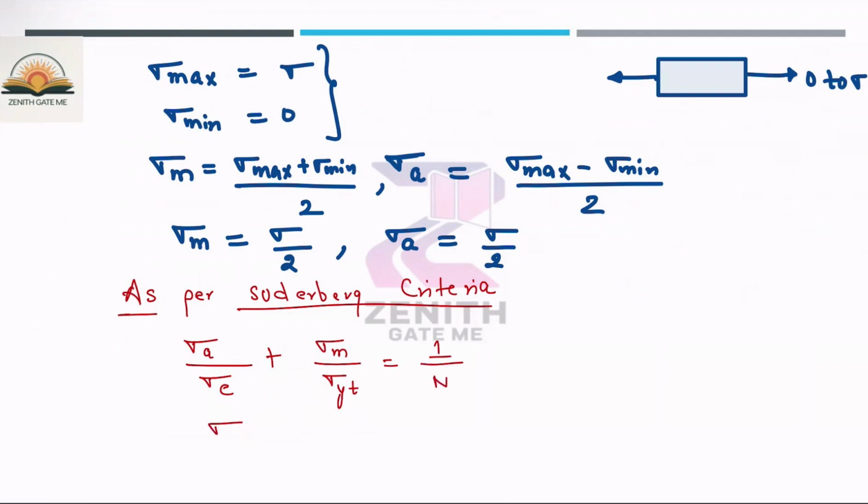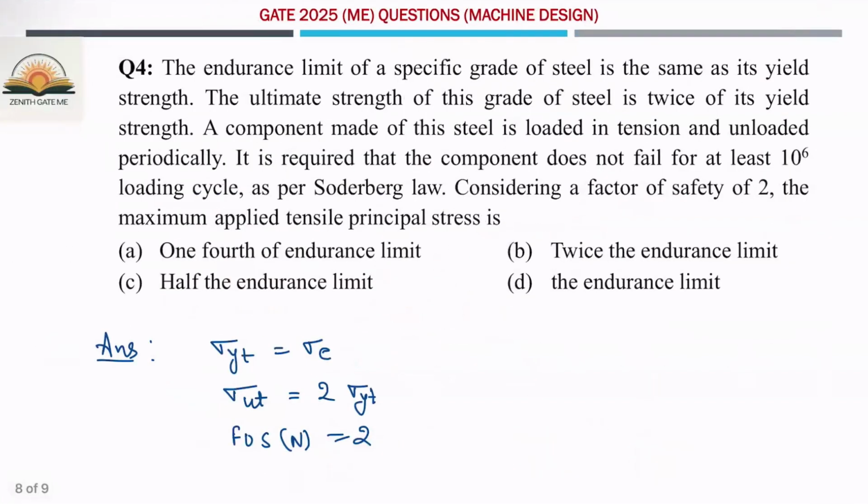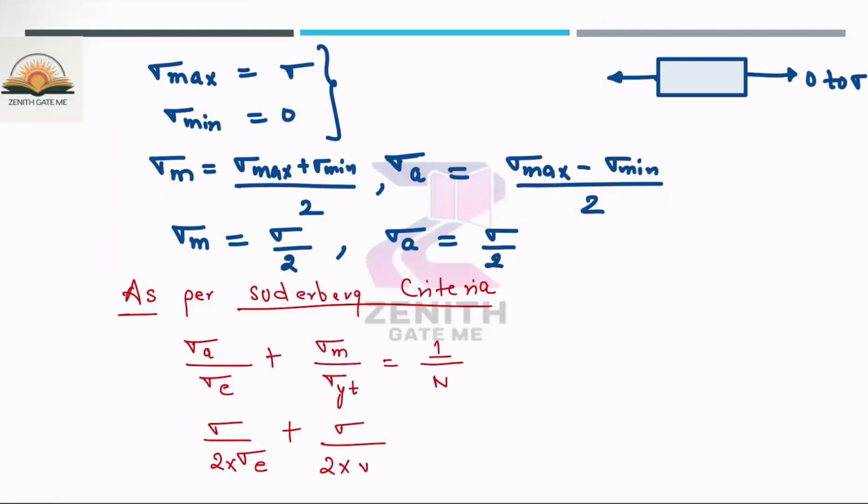Sigma by 2, divided by sigma e, plus mean stress is also sigma by 2. What is the yield tensile strength? Yield tensile strength is equal to the endurance limit, which is given in the question. So can I write in place of sigma yt, sigma e, and the value of n is 2. Now, if I take sigma by 2 common, then it will become 1 by sigma e plus 1 by sigma e is equal to 1 by 2.